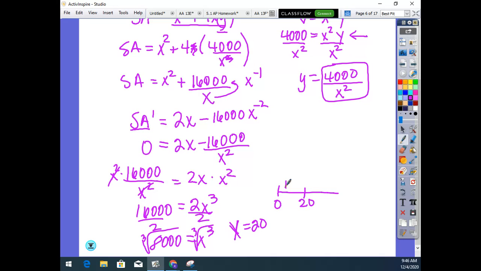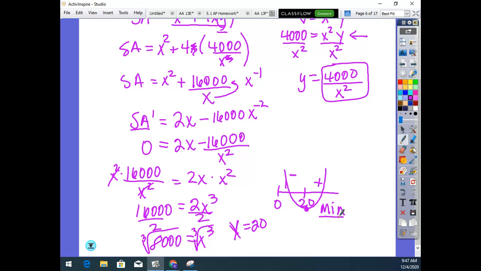If I plug 1 in up here, that's going to be negative. And if I plug in, I don't know, 30 up here, that's going to be positive. So it's decreasing, zero slope, increasing. Therefore, it is a minimum value. We have to use the sign chart to show that it's a minimum.